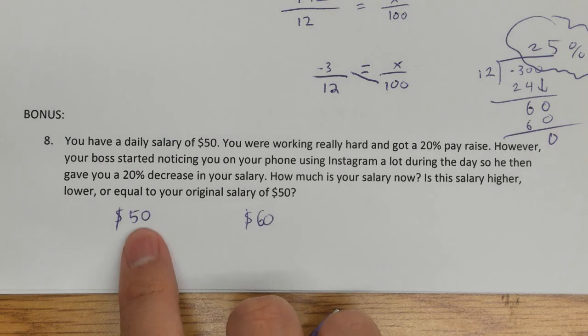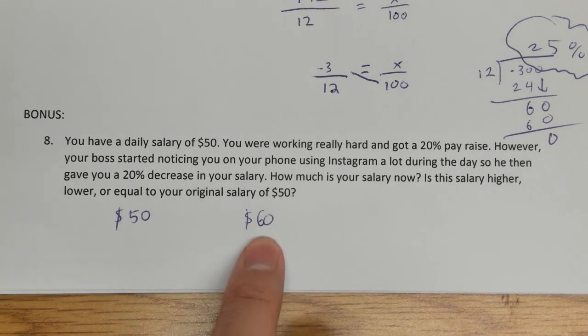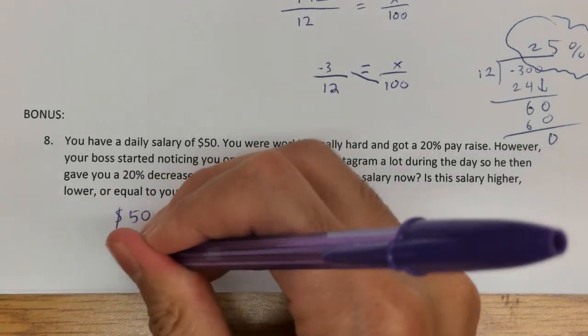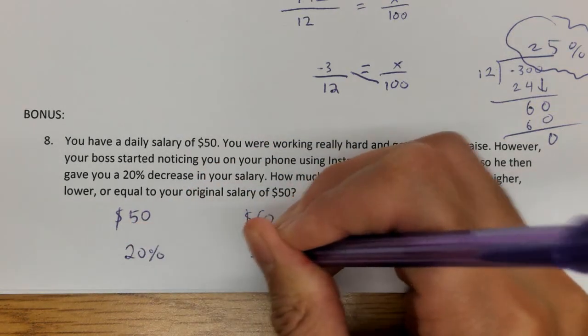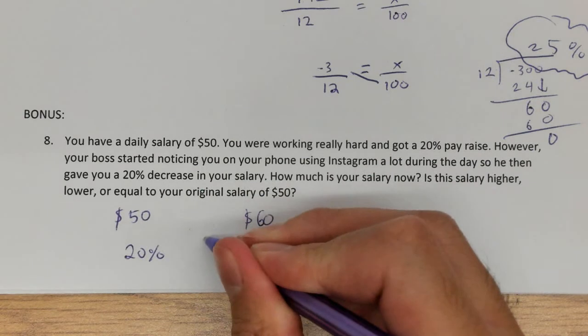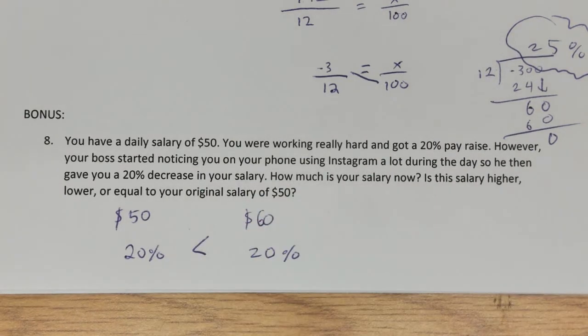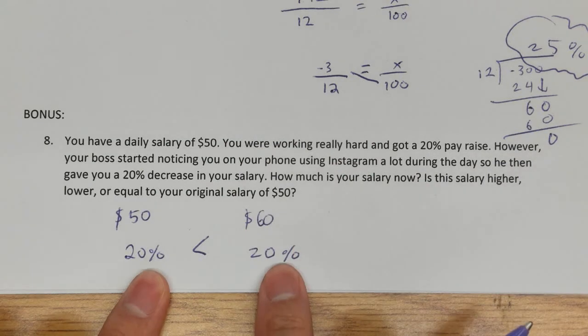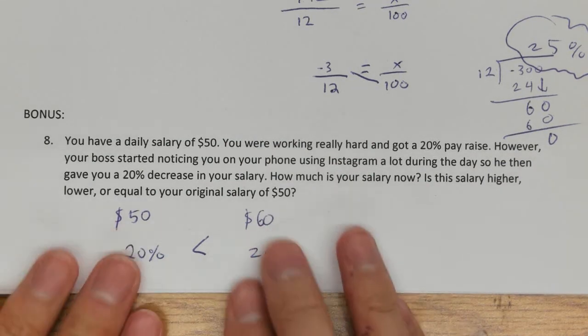originally you took 20% of 50 to get to 60. Now if you take a 20% decrease of 60, 20% of 60 is more than 20% of 50. Okay? The same percentage of different numbers is going to come out differently.